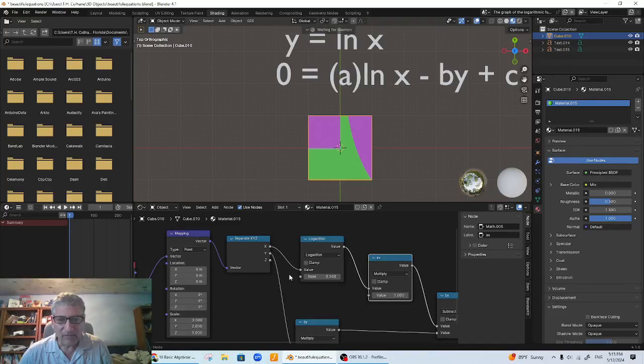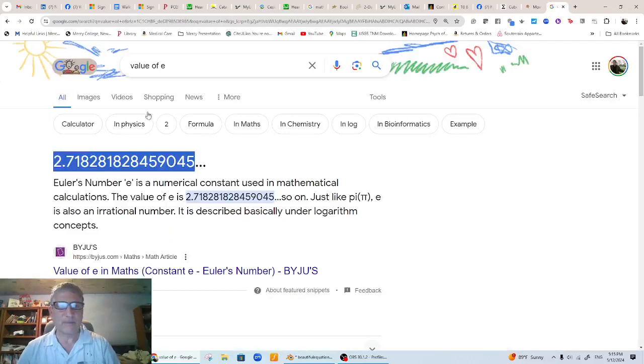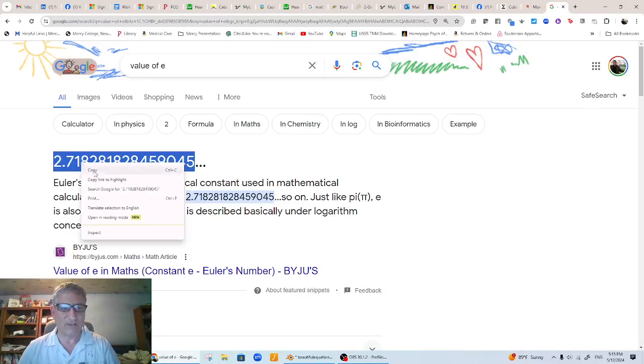What then if we were to change the base? Okay. So there's the base. I don't know what's going on the other side. That's weird. But changing the base to 10. So what did we say that e was? So if I understand it, wait, so natural log, the value of e is 2.7.